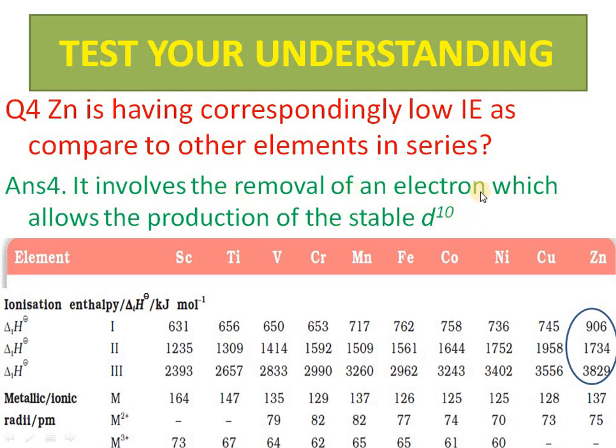For example, if the electron is to be removed from 4s, the energy will be less. And if you are removing the electron from 3d, then the energy will be more. So this is the point. The 4s value of 906 is there, and again 1734 is there. But if you want to remove electrons from 3d, like three electrons you are going to remove, the ionization energy will be higher.